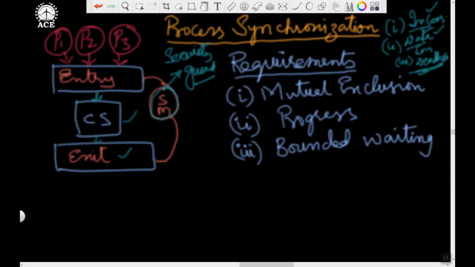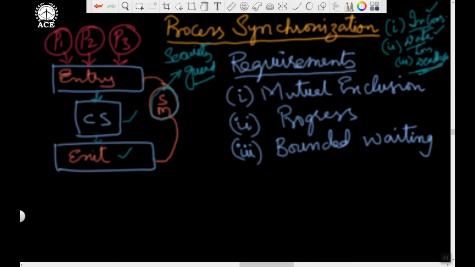Let me explain it like this. All three want to enter. They will inform the entry section security guard. Let us say P1 is allowed to enter first. Then P2 and P3 will wait till P1 completes the critical section. Once P1 completes executing the critical section code, it will come out and execute the exit section, which will send a signal to P2 and P3.